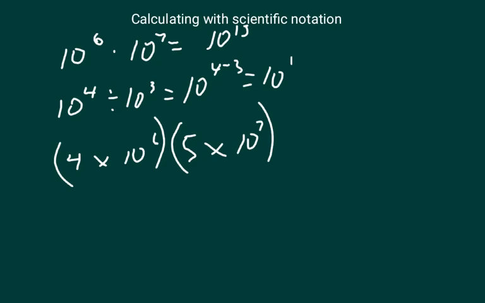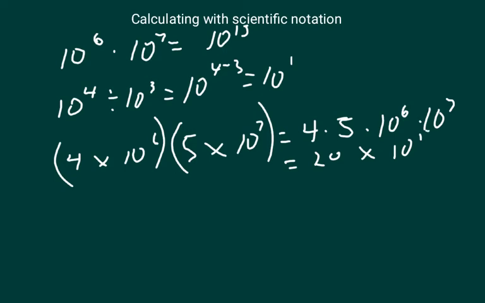I can use the commutative property of multiplication to rewrite this as 4, I'm just changing the order. Commutative property says I can change the order. 4 times 5 times 10 to the 6th times 10 to the 7th. 4 times 5 is 20. And 10 to the 6th times 10 to the 7th is 10 to the 13th.